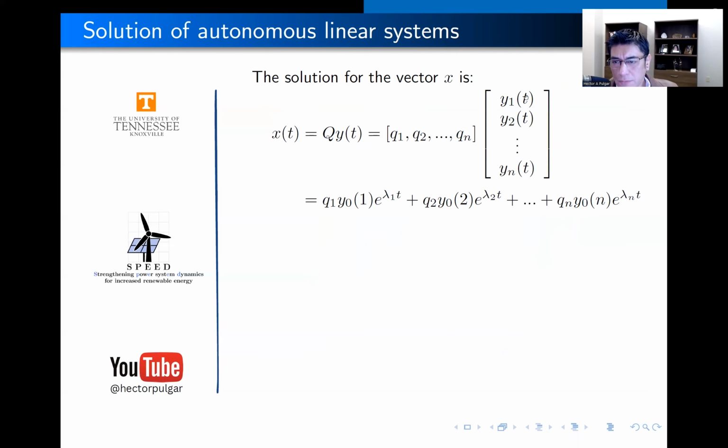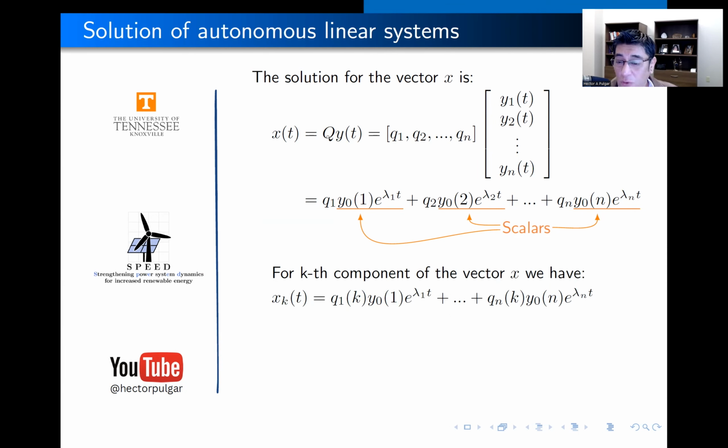As you can see here, this is a realization of x in the new basis, which are the eigenvectors of the matrix A. All these terms that I have underlined correspond to the solution of the new state variables y. They are just scalar quantities, but they are nothing else than the coefficients of the linear combination of the eigenvectors of A. So these coefficients will change in time, changing the linear combination that defines the original set of state variables for the system.